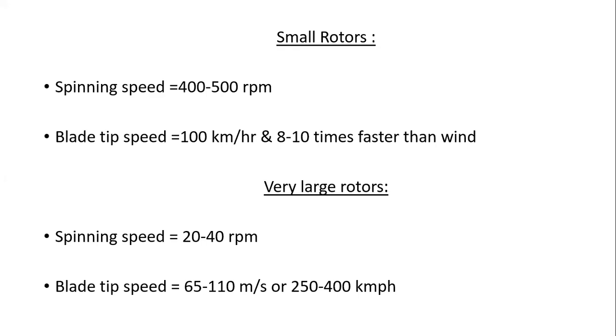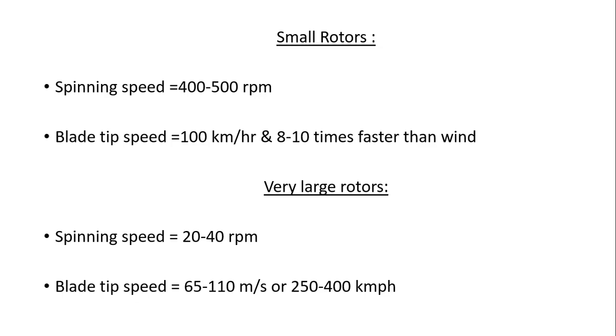So we are seeing large rotors and small rotors. Depending upon the application, we are going to use these subcategories. In rotors, these are lift rotors that are capable of turning at very high speeds.